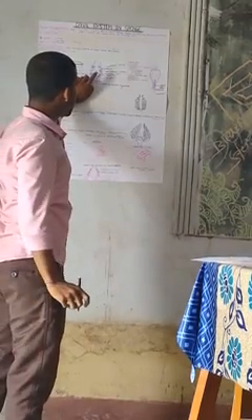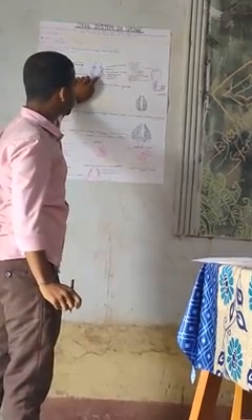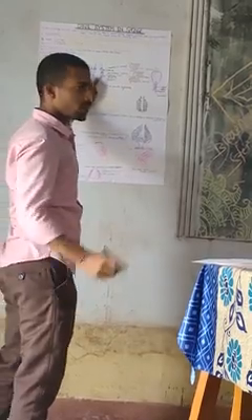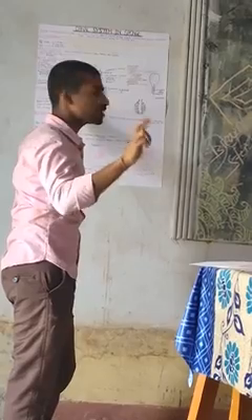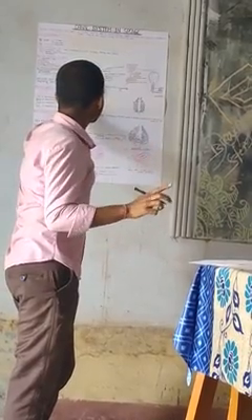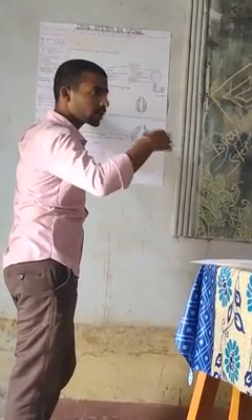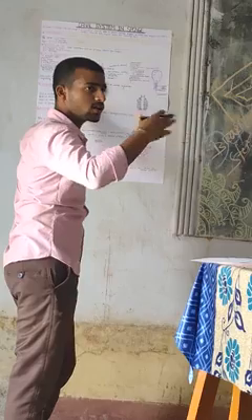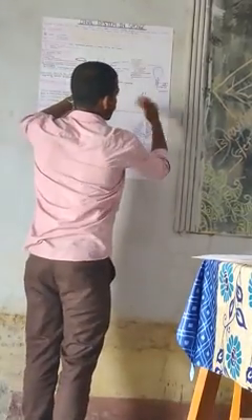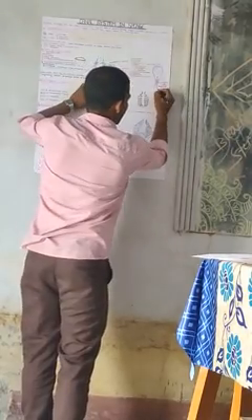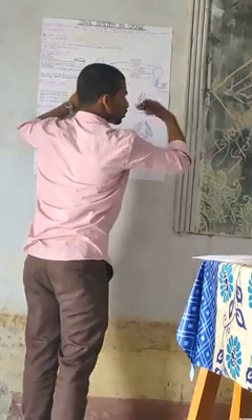Then we come to the actual function of flagella. Why is flagella needed? The function of flagella here is of two types. One is that it helps in the movement of water, pushing of water. How? Here is the flagella. When it moves, the water is pushed.